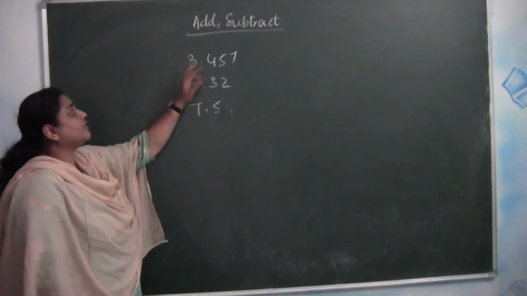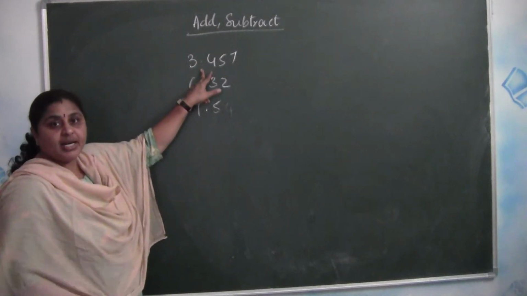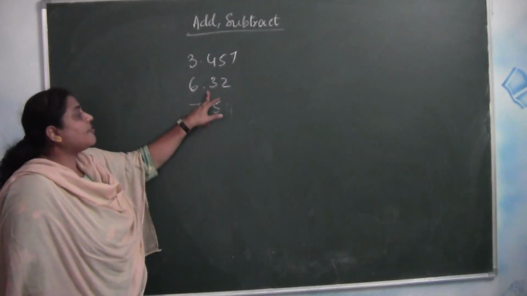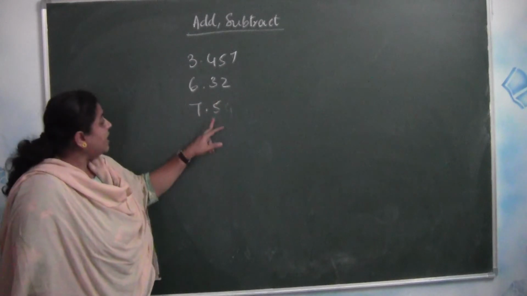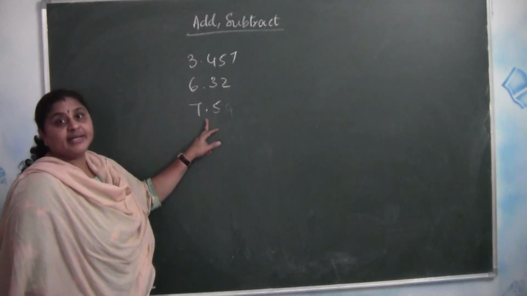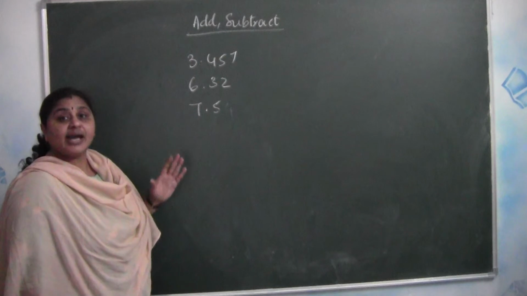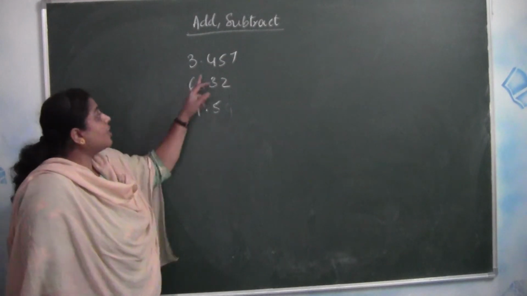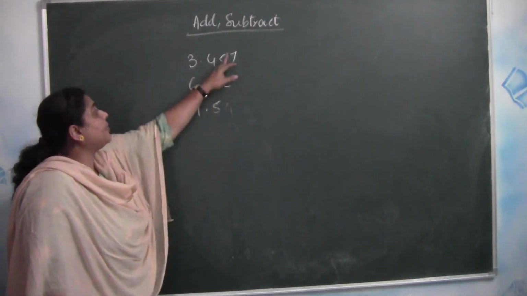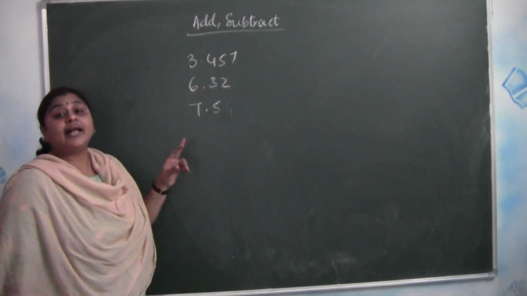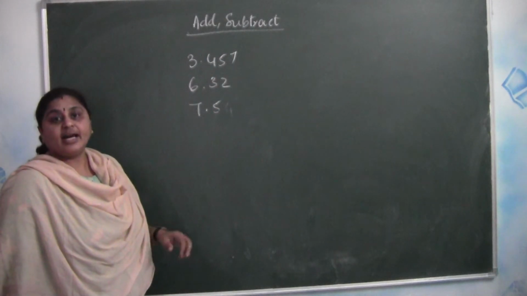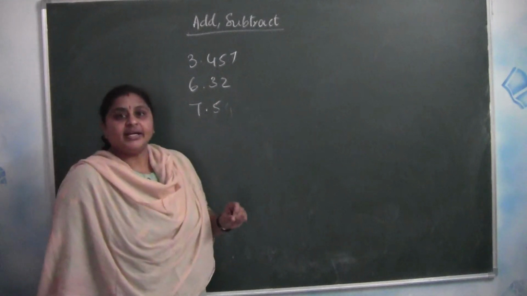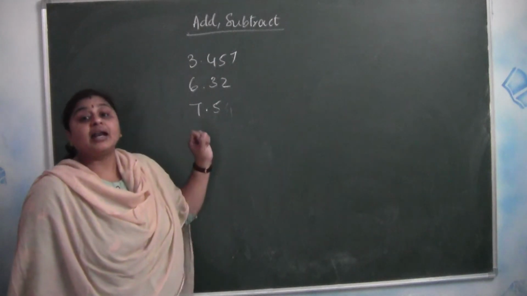If you observe here, after the decimal I have 3 digits, 2 digits, and 1 digit. Now should I call these like decimals? No. Why? Because after the decimal point there are an unequal number of digits. Therefore, these are unlike decimals.